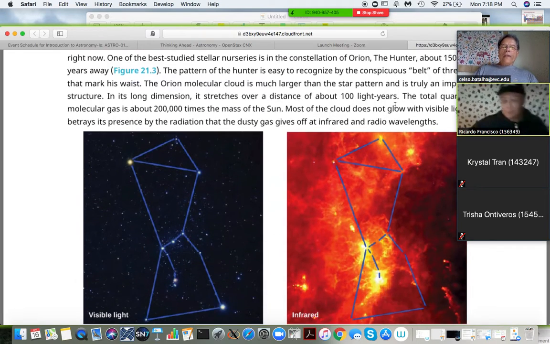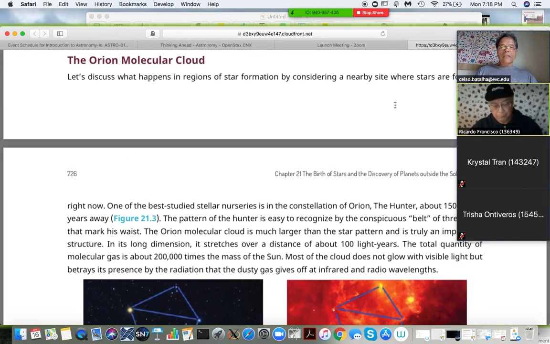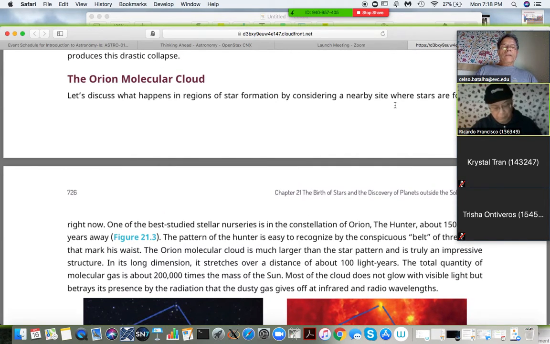So the Orion molecular clouds. If you had the opportunity of visiting Montgomery Hill Observatory in the last few stargazings, Orion was there. Even this past Friday, a little bit more to the west, right, Rick? But Orion still could be visible.